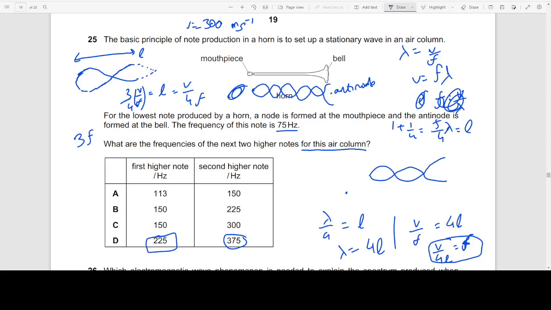So L is now equal to 5 upon 4 v over f. Compared to v upon 4f, there's a change of 5 times. So the frequency will increase by 5 times, so 75 into 5 is 375 hertz.